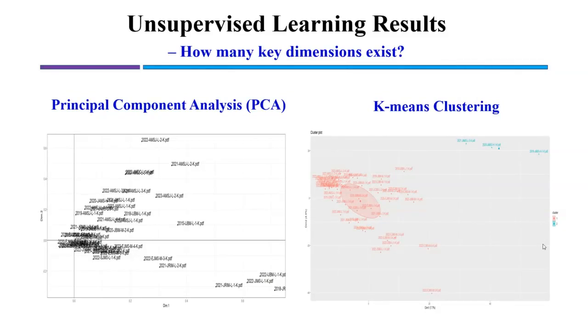I also use another way, the k-means clustering method. I did try 7. I asked, can you see whether there are 7 different dimensions? And the result is bad. I asked 5, and it's still bad. I asked 3, still bad. I asked 2, but I don't think this is really 2.